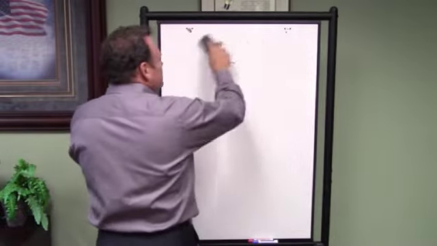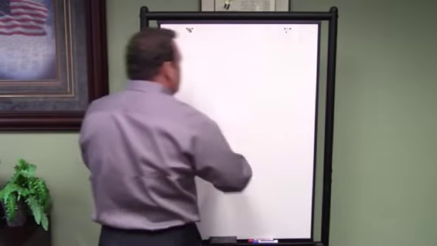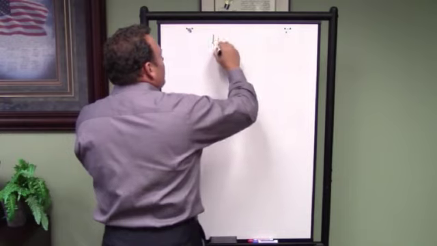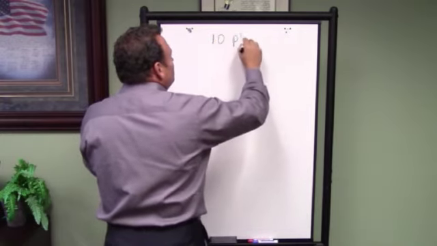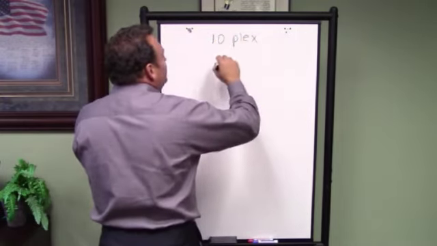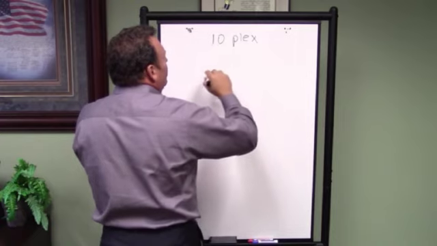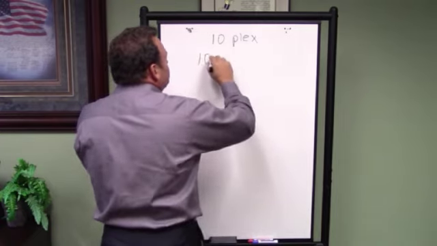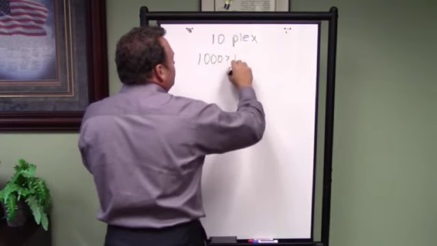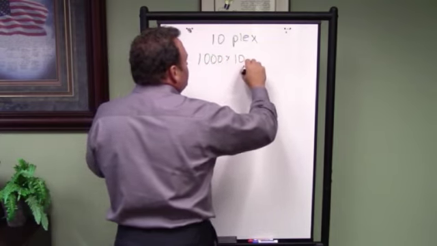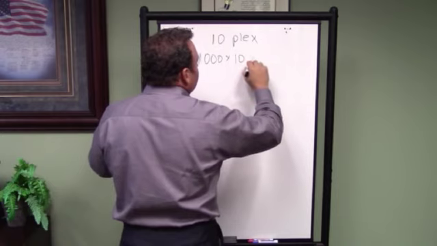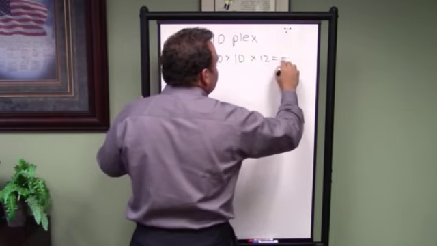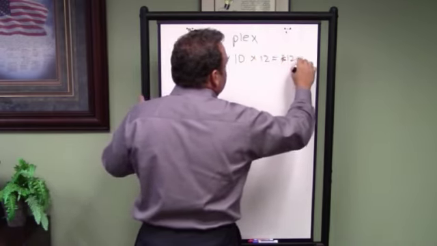No, that's too small. Let's go back to our 10-plex. Remember the 10 units that rented for $1,000 each? So 1,000 times 10 is 10,000 a month, times 12, which gives you 120,000 a year.